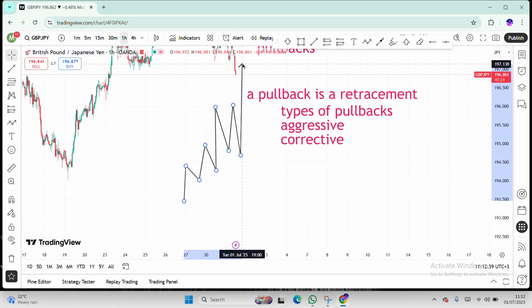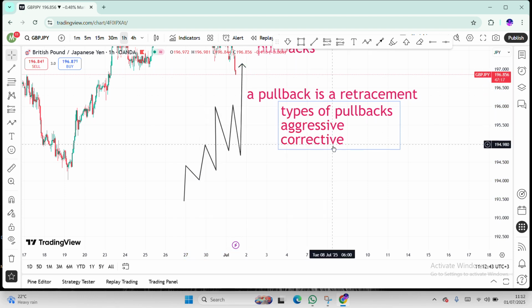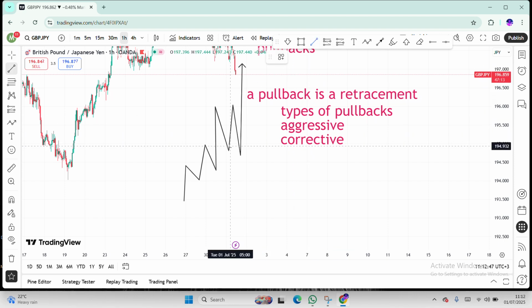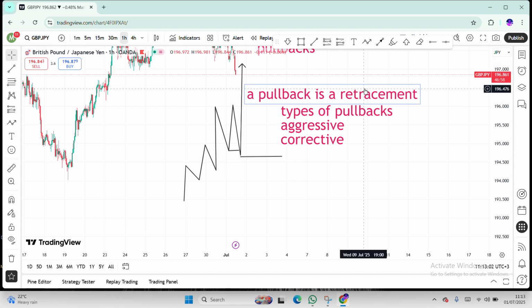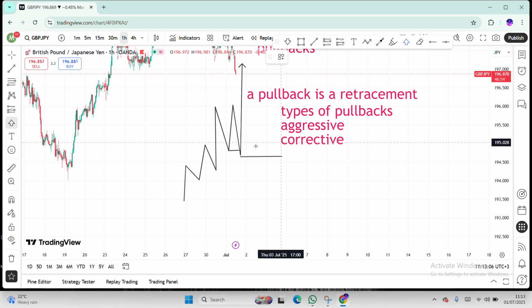This is the structure that I'm simply trying to show you. Let's say you entered from here. This was your entry. I'm going to mark it with a trend line. So I have pointed them out. Let's say I'm going to mark this with an arrow up.